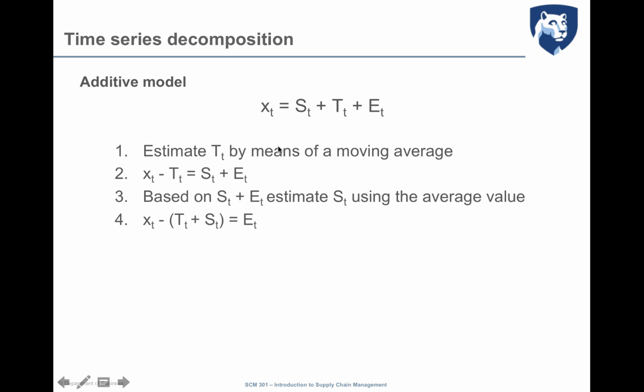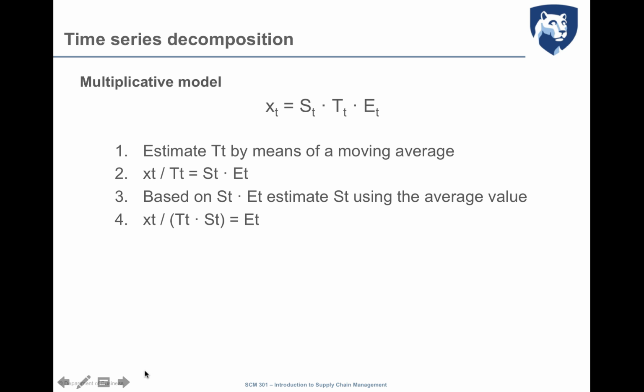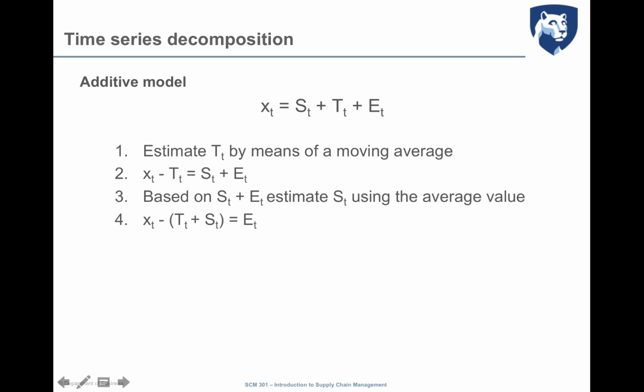Okay. So when you know that the time series can be decomposed with the additive or the multiplicative model, what is the procedure you need to follow in order to estimate these components? First of all, estimate the trend by means of moving average, and we will see in a minute how to do the estimation through the moving average. Then evaluate the residual component, made by the seasonality and the error, by subtracting the trend from the actual value of the demand.